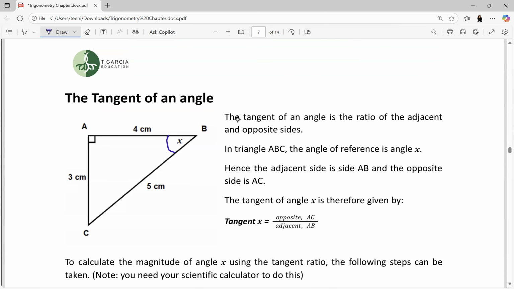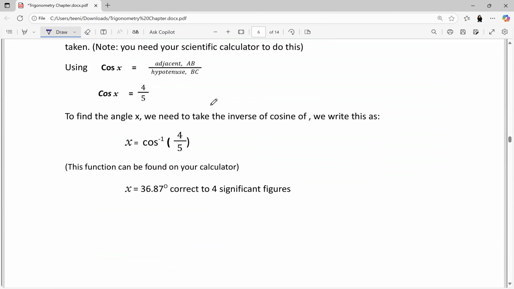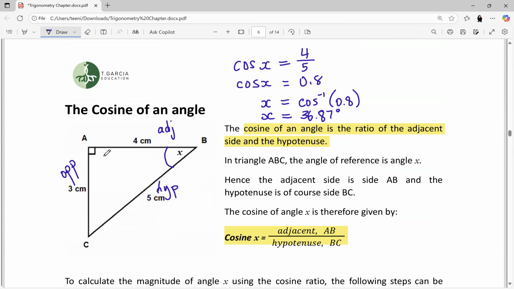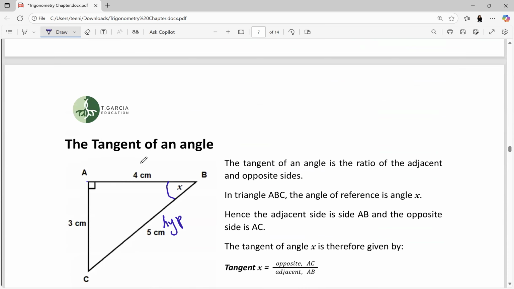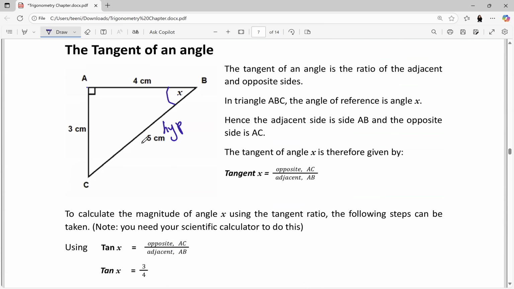The first thing that you always do when you're using trig is you label your sides. The side opposite the right angle is your hypotenuse, and this is the same triangle, so regardless of where the angle of reference is, the right angle is in the same position. The hypotenuse is the side with 5 centimeters.